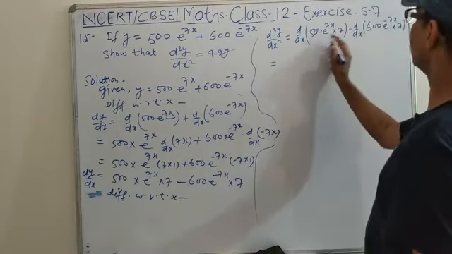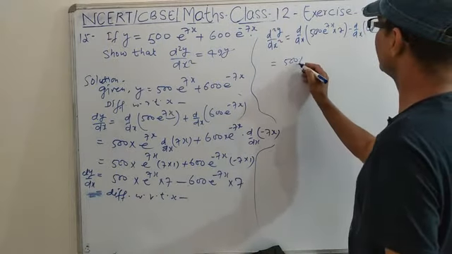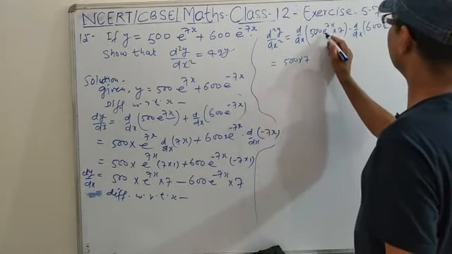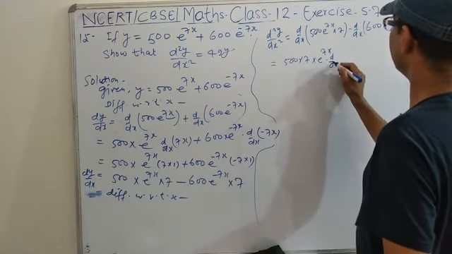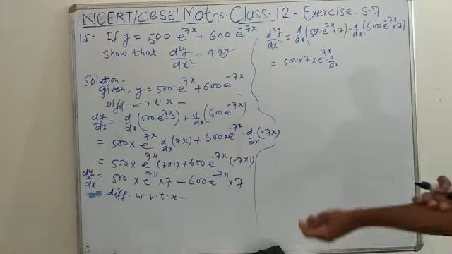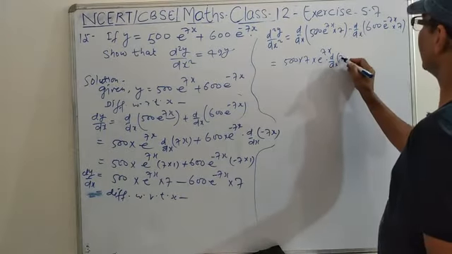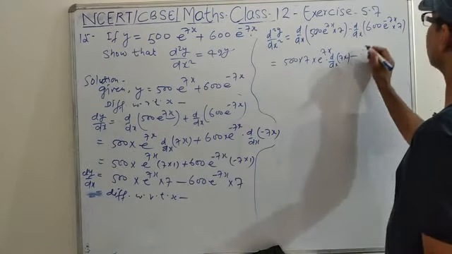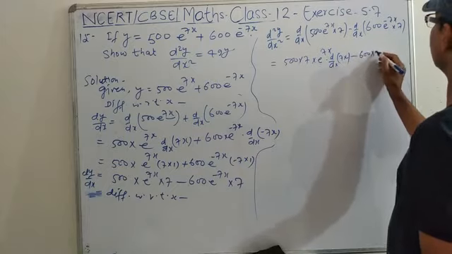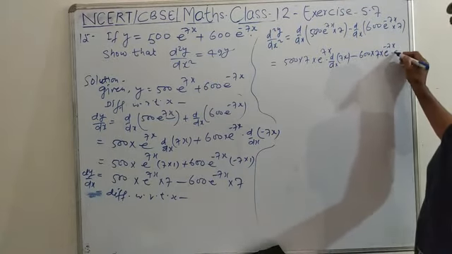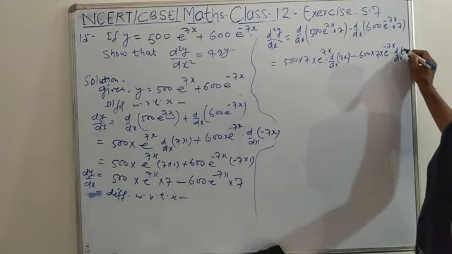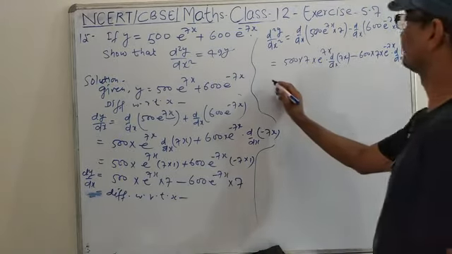So 500 and into 7 is constant. E to the power 7x derivative is e to the power 7x into derivative of 7x, because x is actually 7x, so by chain rule. Minus 600 into 7 constant e to the power minus 7x into d/dx of minus 7x.